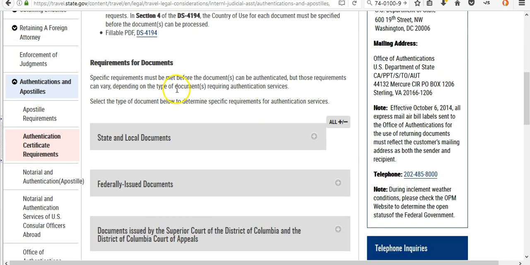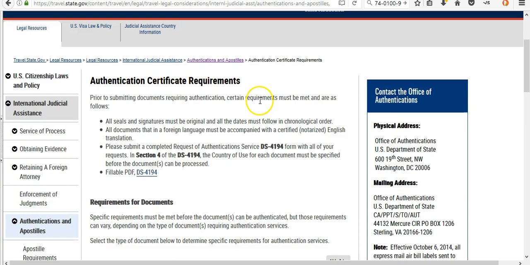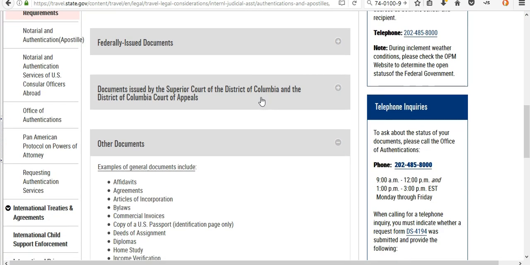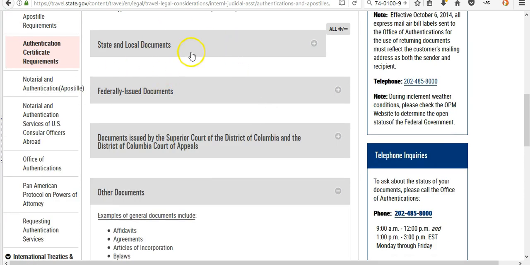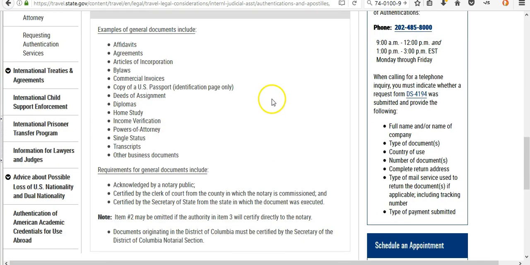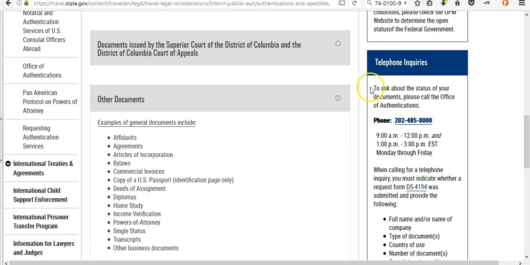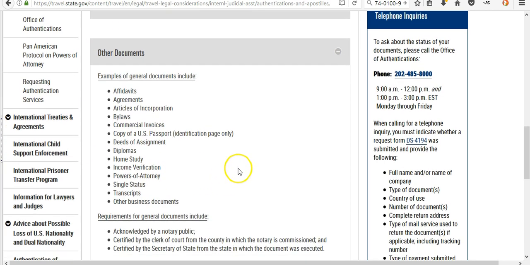Specific requirements must be met before the documents can be authenticated, but those requirements can vary depending on the type of document requiring authentication services. Now, we have state, local documents, federal issue documents, etc., etc. But our attention comes to the other documents, the other section.